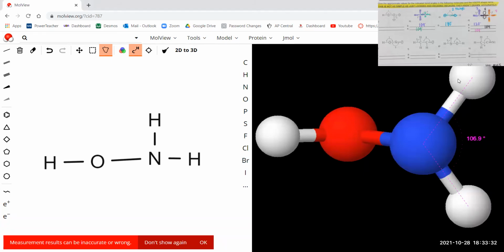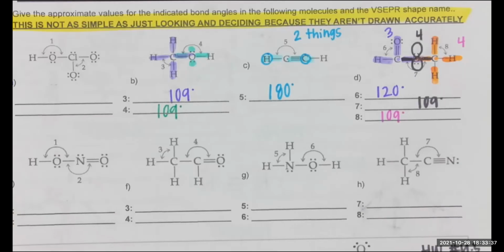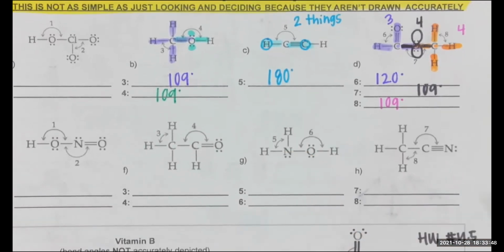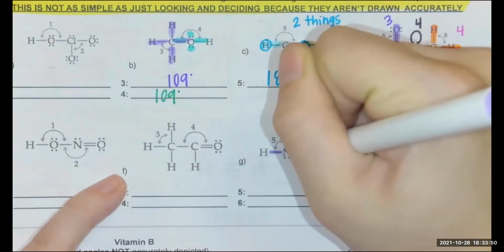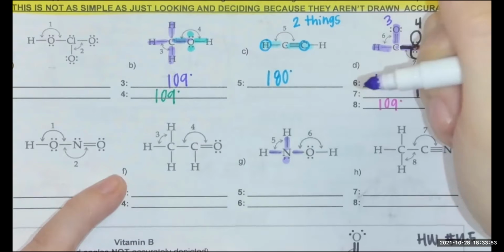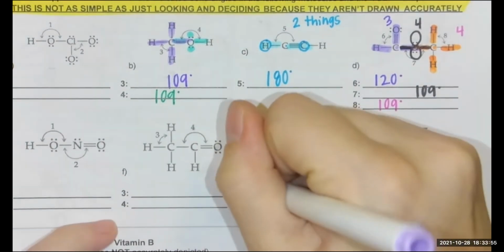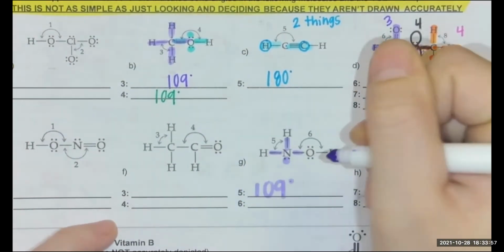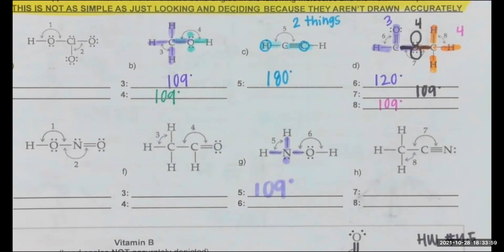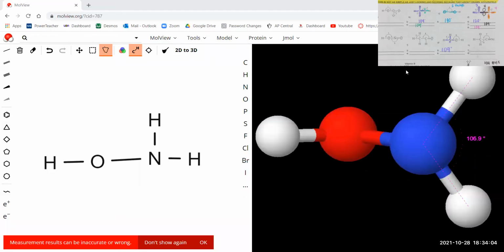That's really close to what we predicted for this nitrogen. Actually, we didn't, because that's this problem. But I would go 1, 2, 3, 4 things attached. I would have put 109, and this is the same exact structure that's on the screen here.